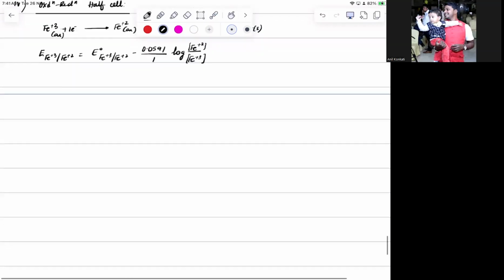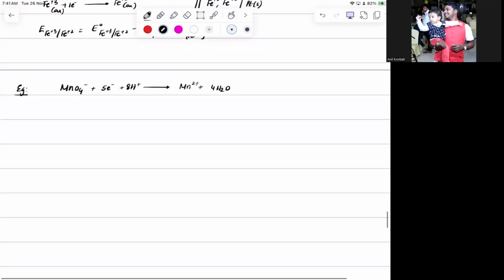Another example, a very standard one that is always asked, is MnO4 minus in acidic medium. In acidic medium, this is the reaction you need to remember: MnO4 minus converts into Mn+2 and 4H2O by accepting 8H+. So how do you represent the E here?